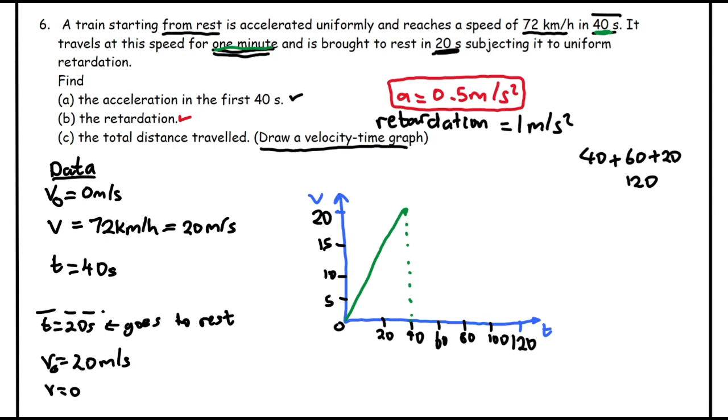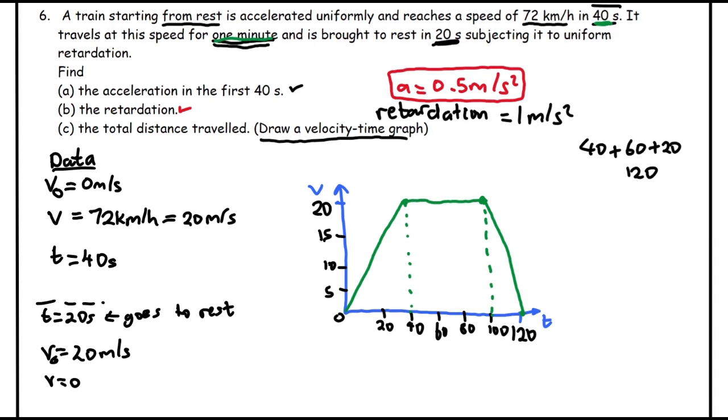That's from 40 to 100. So at this same constant speed, it reaches there. Then retardation in the last 20 seconds, so from 100 to 120, it goes down. So that's our velocity time graph.